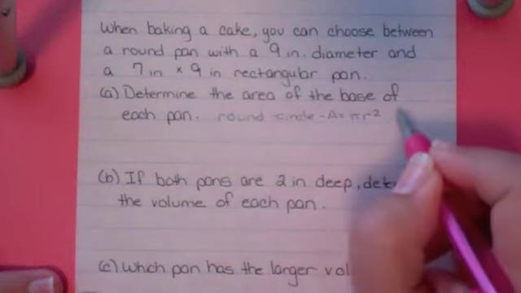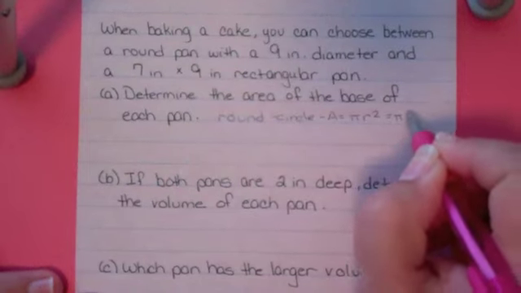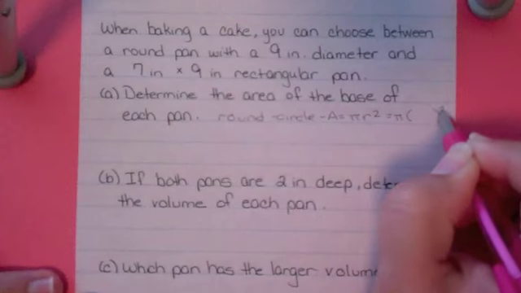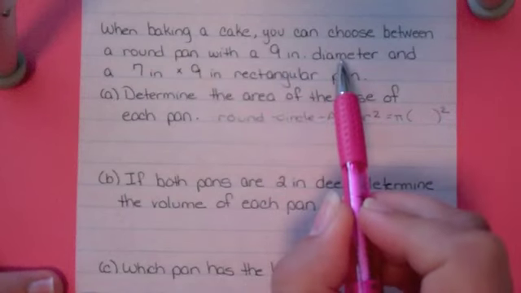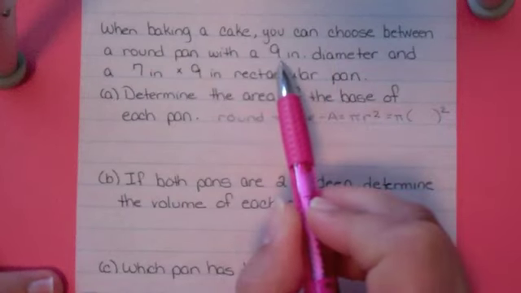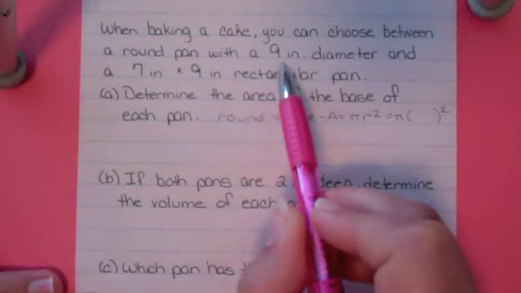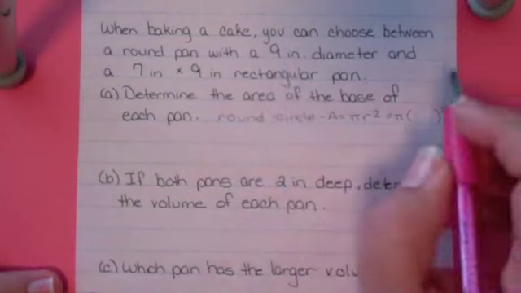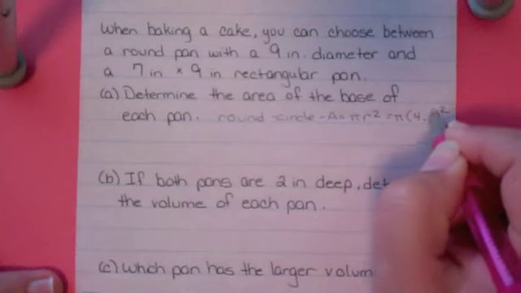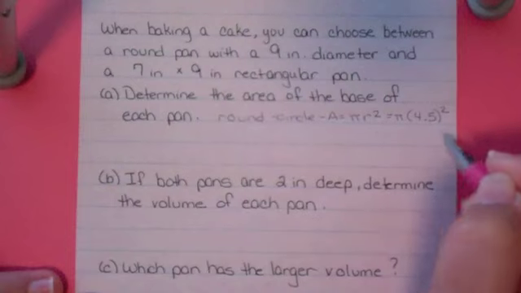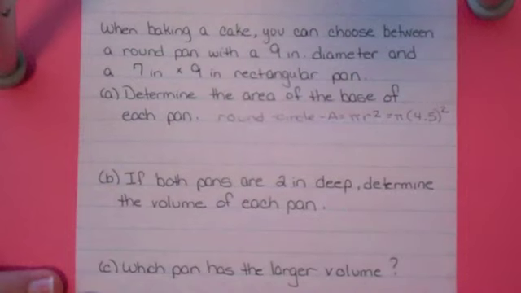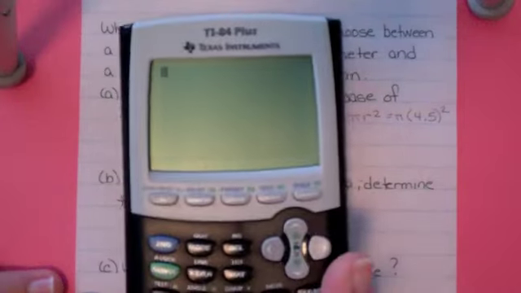So pi times my radius squared. Well, notice that for the round pan, they gave me the diameter, which is 9 inches. So my radius will be half of my diameter, which is 4.5. Now I'm going to use my graphing calculator so I get a fairly accurate answer.